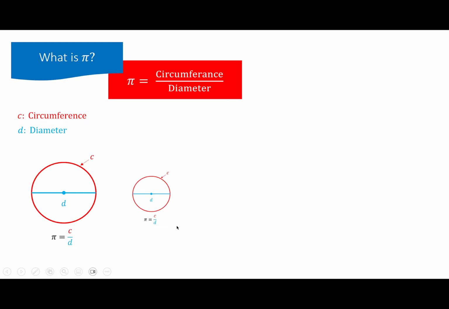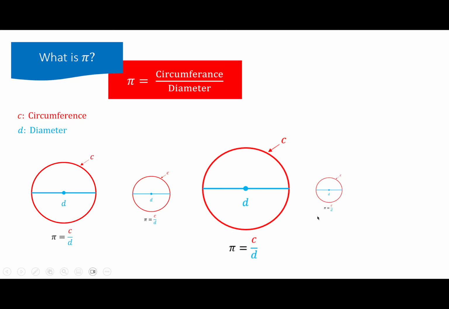Whether it's a smaller circle, bigger circle, any circle you take, the ratio of the circumference over the diameter is constant, does not change, and it's called pi.